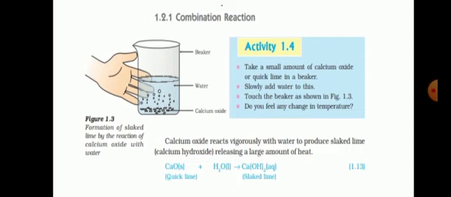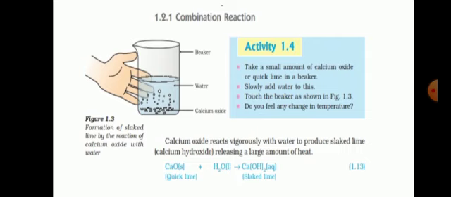Thirdly, touch the beaker as shown in fig 1.3. So you are going to touch and feel whether there is a change in the temperature or not. Here you can see the formation of slaked lime by the reaction of calcium oxide with water.